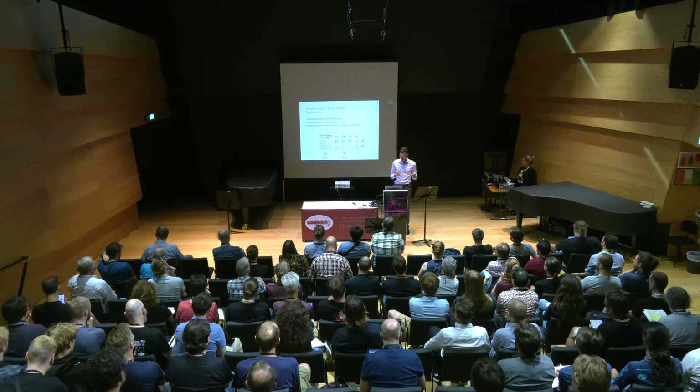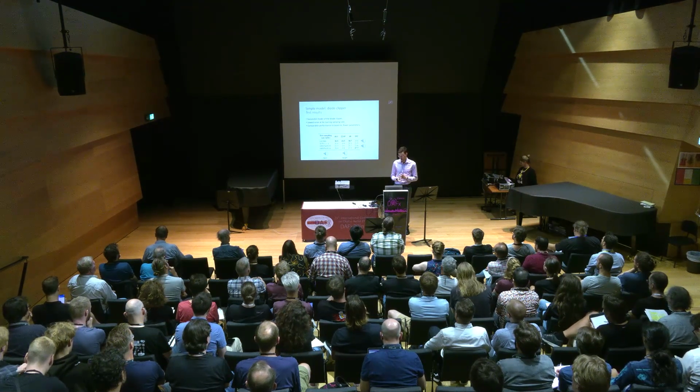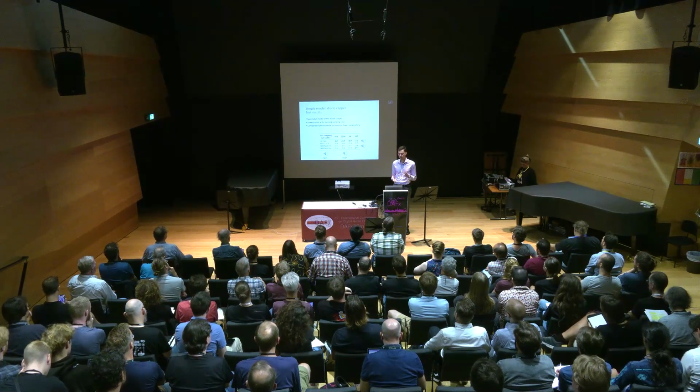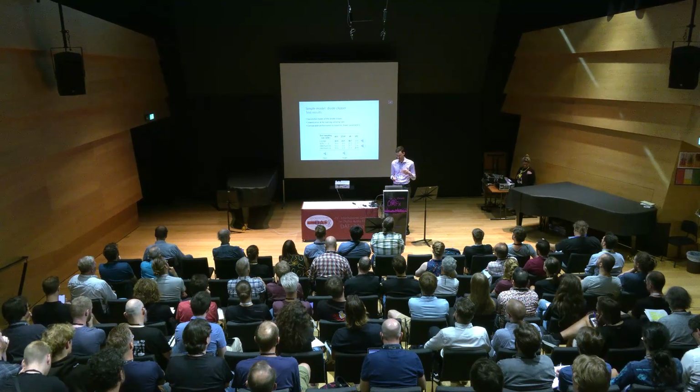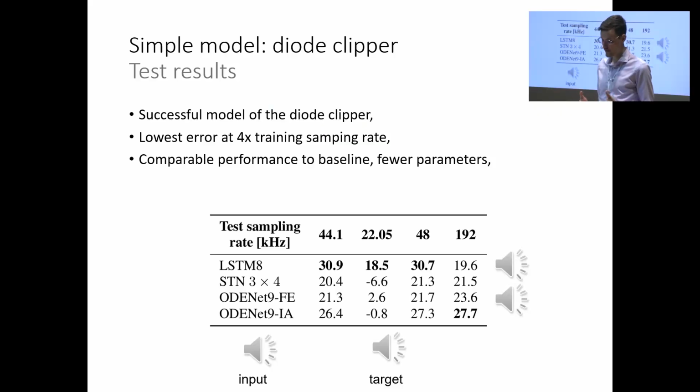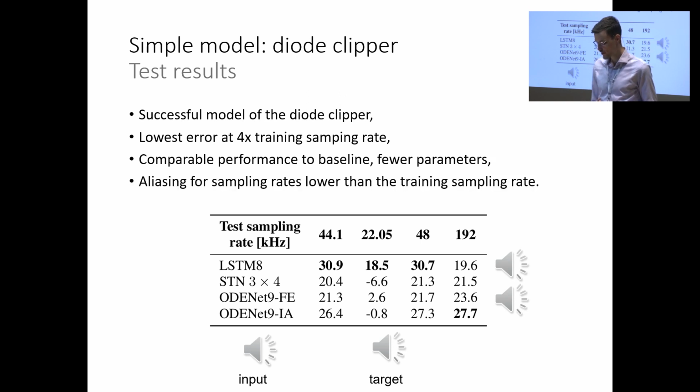And then we also showed that we can achieve comparable performance to the baseline, but this ODE-net here uses fewer parameters, which is always desired to have small networks. And then you can also see that we obtained aliasing for this 22 kilohertz sampling rate, which is kind of what could be predicted because we trained the model at a higher sampling rate.